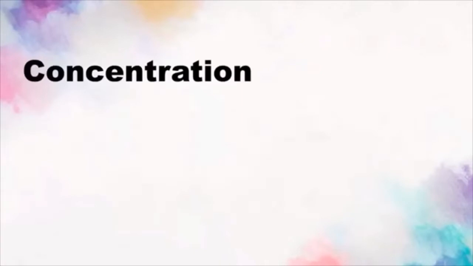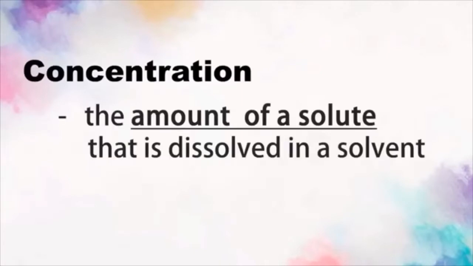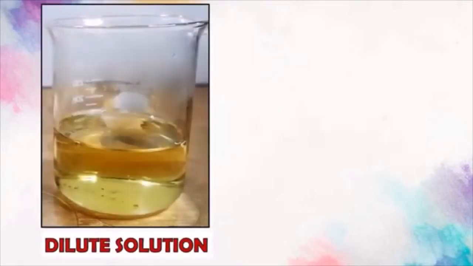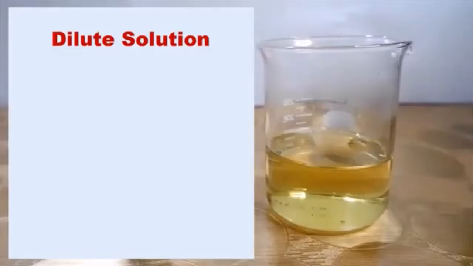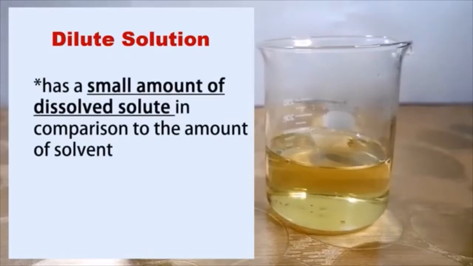they. The concentration of solution is the amount of a solute that is dissolved in a solvent. It can form dilute solution and concentrated solution. Let us first discuss the dilute solution. Dilute solution has a small amount of dissolved solute in comparison to the amount of solvent. The color of dilute solution is lighter compared to the color of concentrated solution.